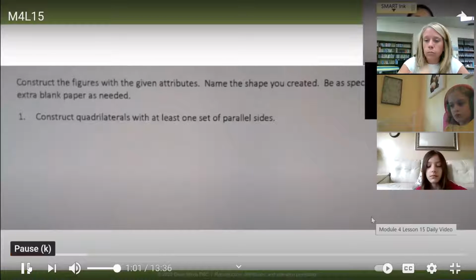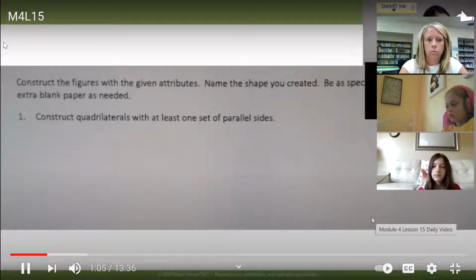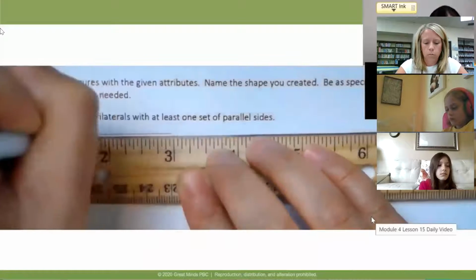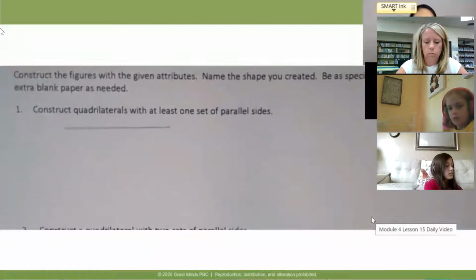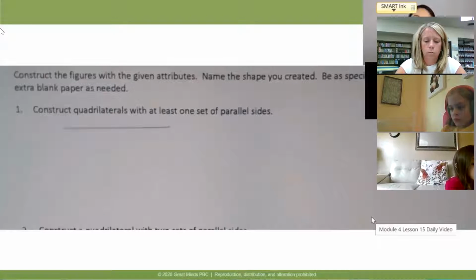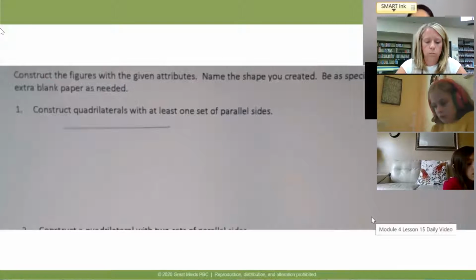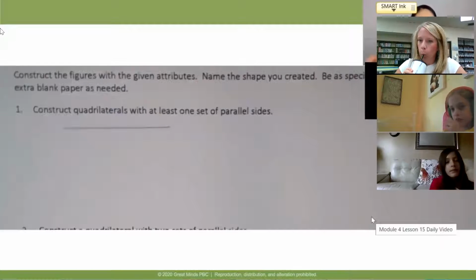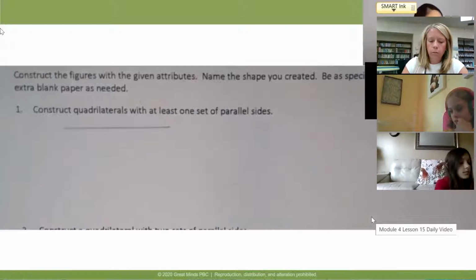Let's start by drawing a straight horizontal segment. Next, let's use our right angle template and our ruler to draw a segment that's parallel to the first segment. If you can recall from a previous lesson, we do this by lining up our right angle template below the horizontal line we just drew.